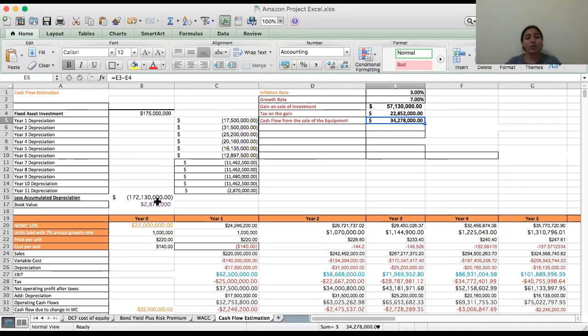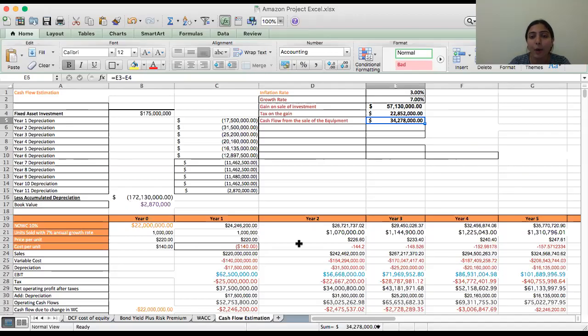Last thing, I found out my book value rate by deducting all my depreciation rates of all the years till the 11th year from the fixed asset investment rate. In that way, I got my book value rate. Fixed asset investment amount, less accumulated depreciation. In this way, you will get your book value rates.